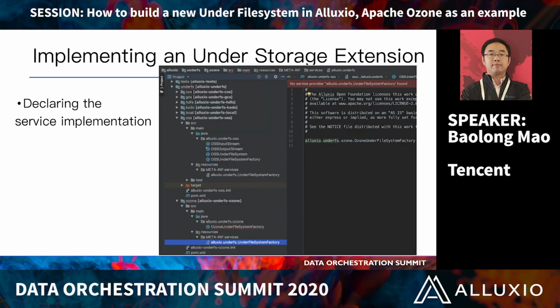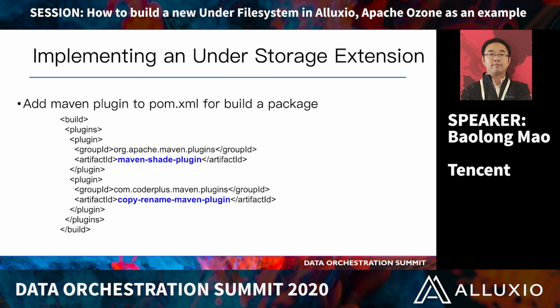And you should create a text file in the specific path and fill in your underfile system factory class name here. To get a fat package from Maven package, you also need to add two useful Maven plugins to your module to build an individual jar with dependencies.